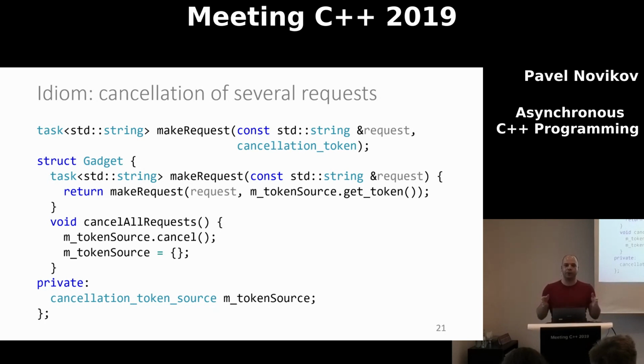You distribute them to all scheduled operations, to all requests, and then when you call cancel all requests, you propagate knowledge that you want to cancel all the requests, and then you assign a new value to the token source, so you can start the process over. So you schedule new requests, possibly multiple requests, that you can then cancel again all in one call. Make sense? Okay.